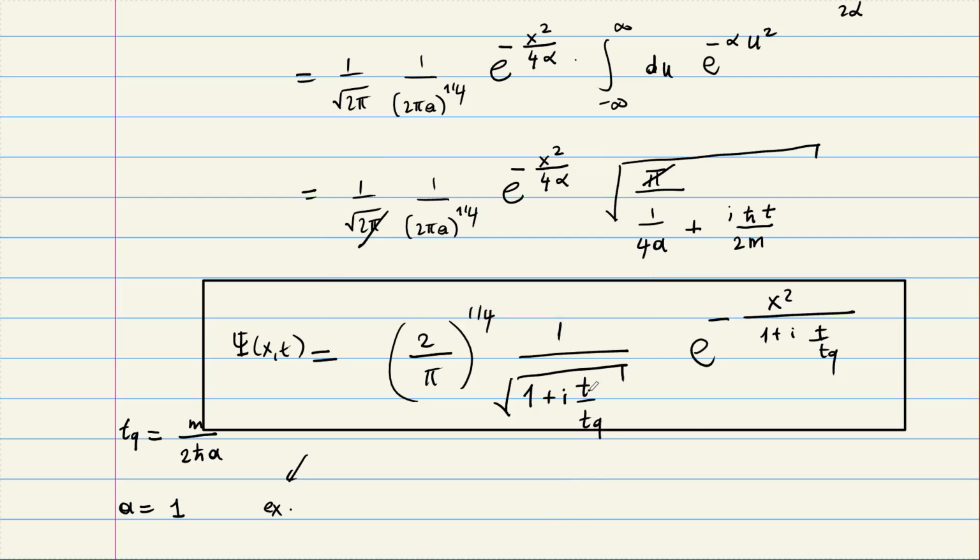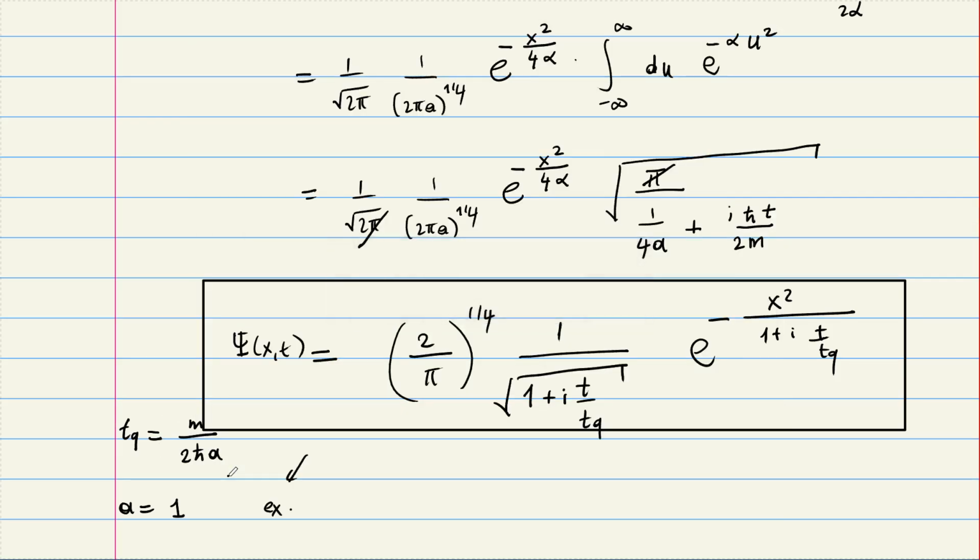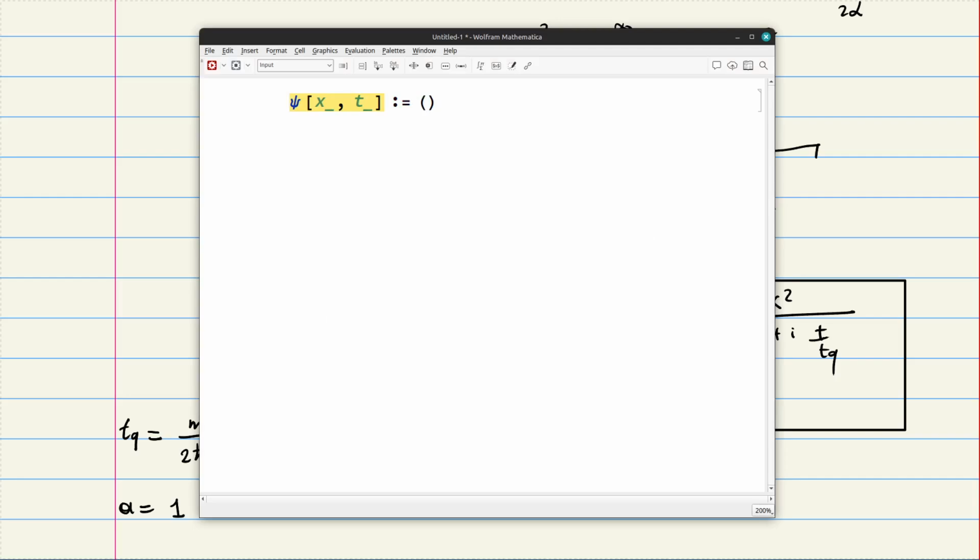If you want, time is measured in units of quantum time. And this thing is equal to, there is this normalization, 2 over pi to the 1 over 4. There is 1 over root 1 plus i t. Wherever I see t over t quantum, I write t.